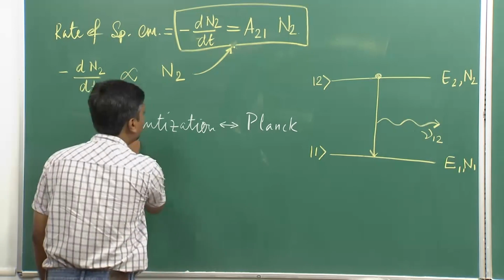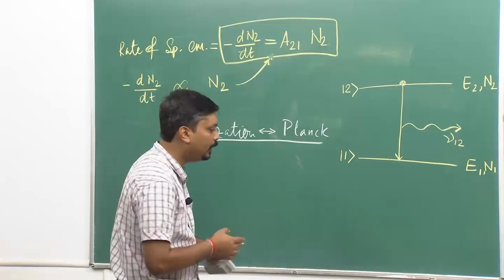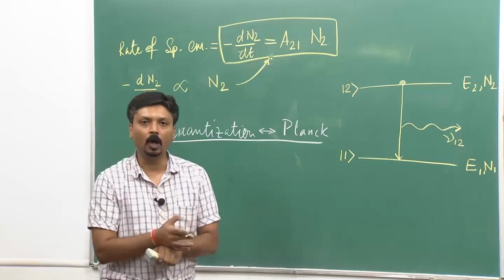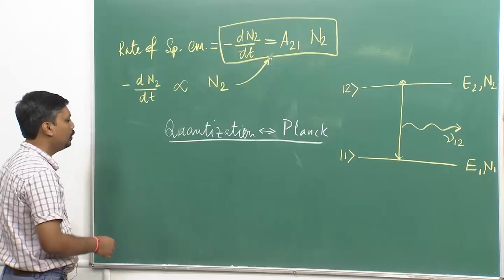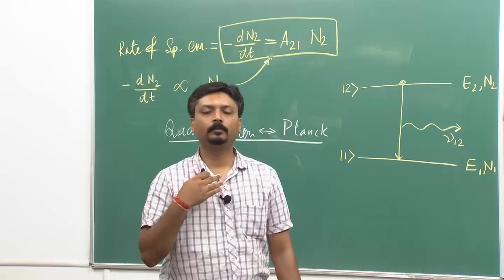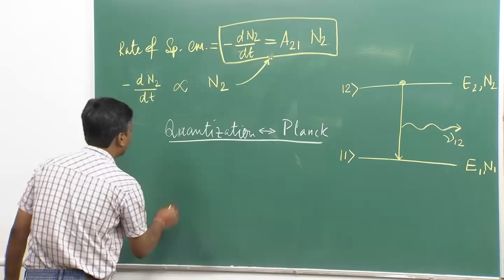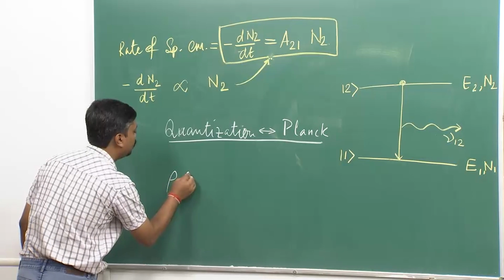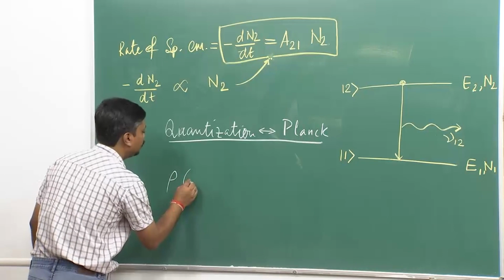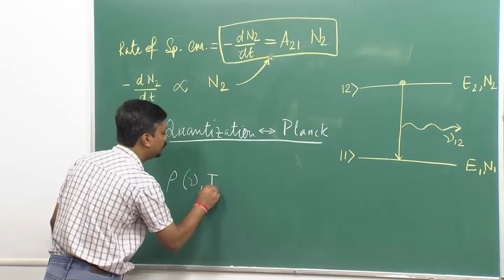In this work done around 1900, he ultimately got a relation which is known as Planck's Law, where he gave us the expression for spectral density. This is the radiation density, which is a function of frequency and also of temperature.